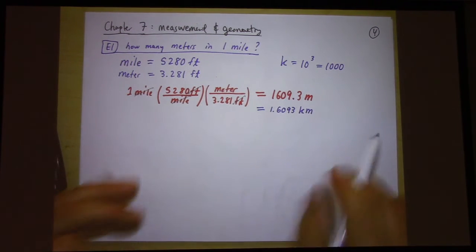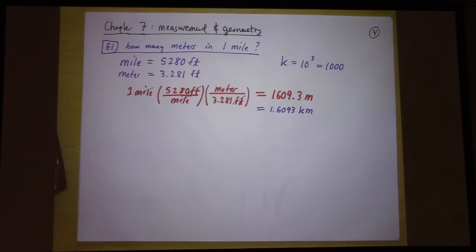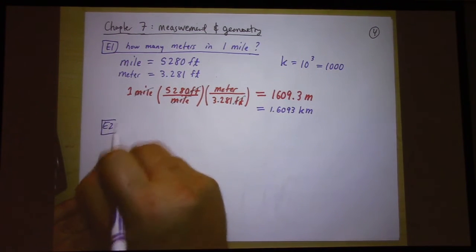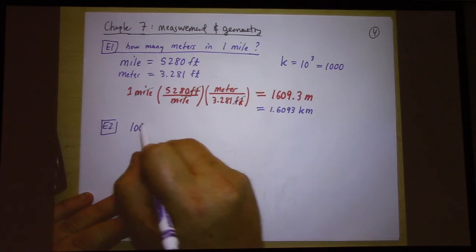So 1 mile is 1.6093 kilometers, which you've heard of. Example 2, suppose you got 100 kilometers per hour.